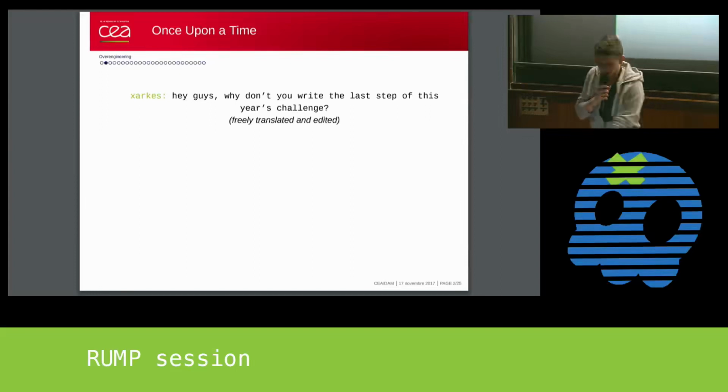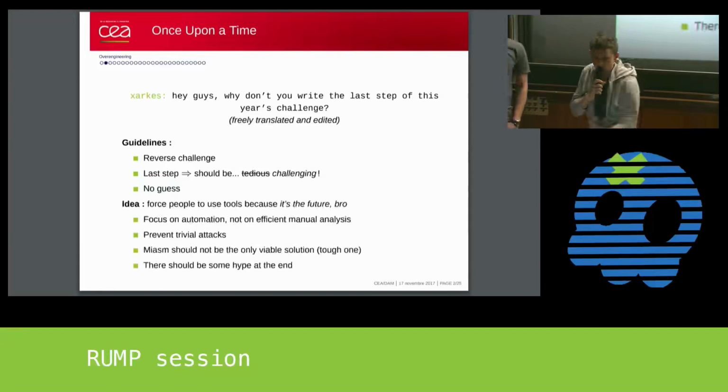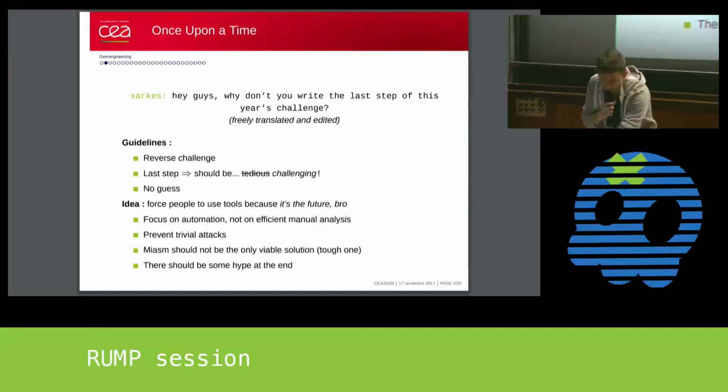Work at the CA. So the guidelines were that we have to do a reverse challenge. This is the last step, so it has to be not tedious but challenging, and we want it not to have any guessing in it. So the idea was to force people to use tools, because the tools are the future, at least we hope.